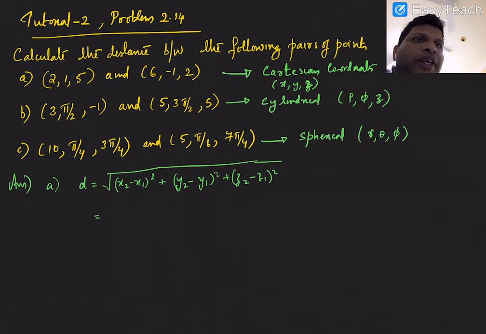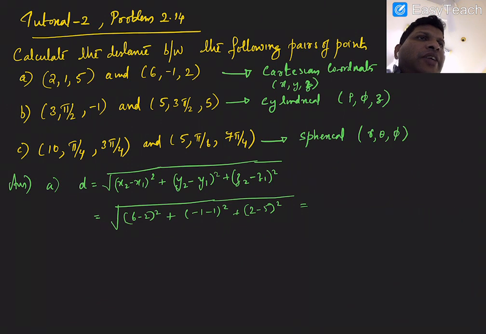So you will get root of (6 minus 2) the whole square plus (minus 1 minus 1) the whole square plus (2 minus 5) the whole square. You will get this answer as 5.385. So this is the distance between those points.